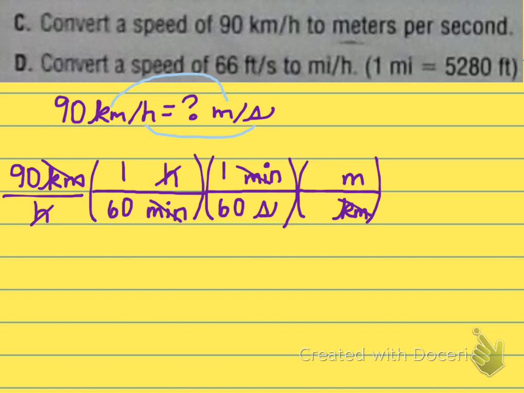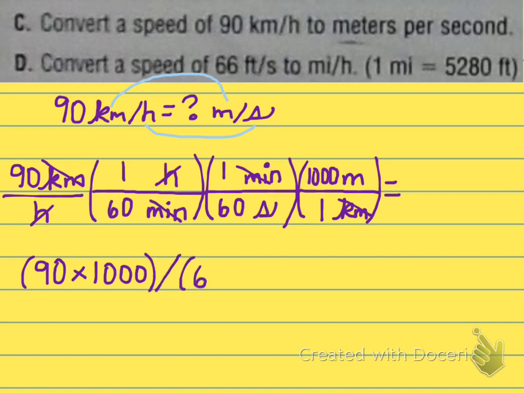Again, this is the metric system. A kilometer is bigger, and when you count down, it's 1,000 or 10 to the third meters. So now I'm in meters per second, so I'm ready to do this. On my calculator, I'm going to type in 90 times 1,000, and I'm going to divide that by 60 times 60.